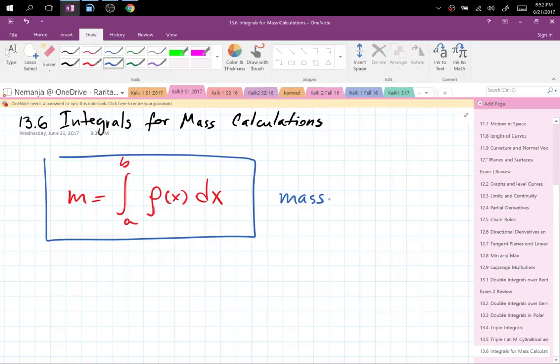Now let's find where the center of mass is for 1D, meaning it's a very long rod, so the other two dimensions are negligible, and we can just focus on the length.